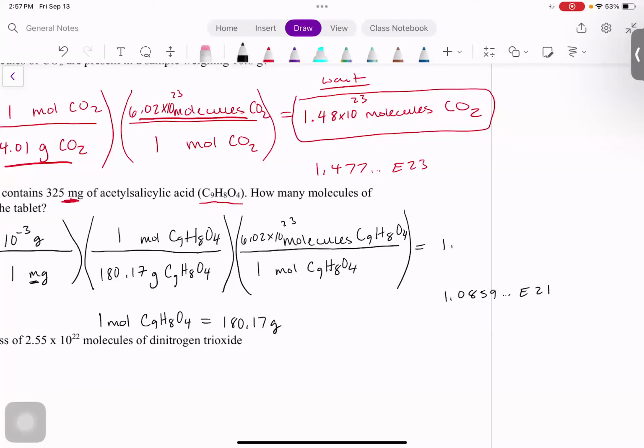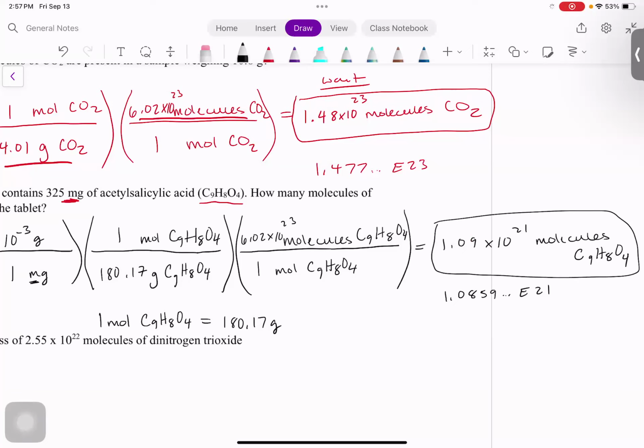So I will round this to 1.09 based on my 3 significant figures times 10 to the 21st molecules of CO2. Oh, sorry, not CO2, of acetylsalicylic acid, C9H8O4.